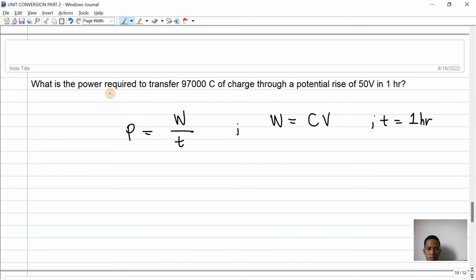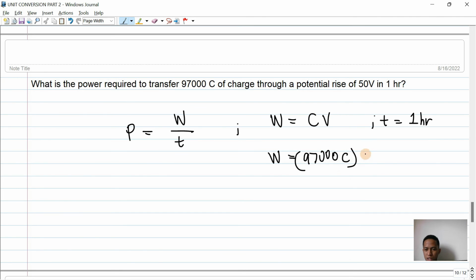Okay, ang hinahanap natin is power. So yung power natin dito should be expressed in terms of watts. Okay, watts or kilowatts. So we have here yung ating work. That is 97,000 coulomb.